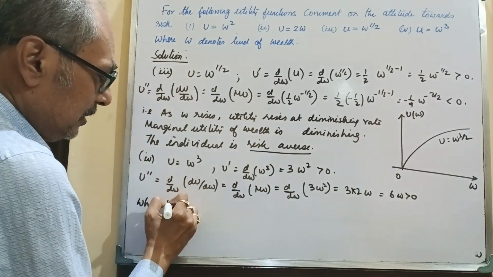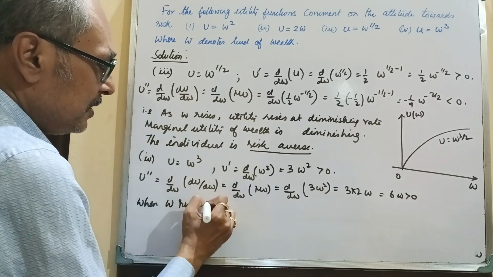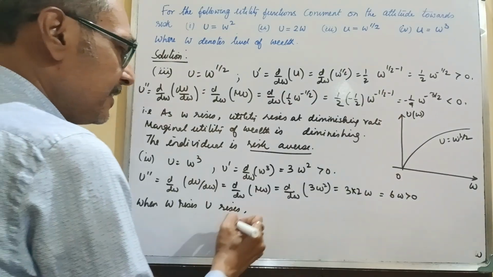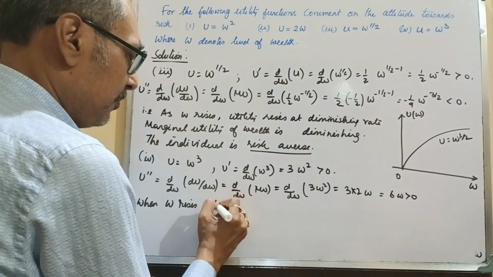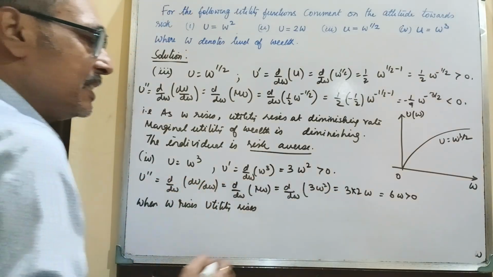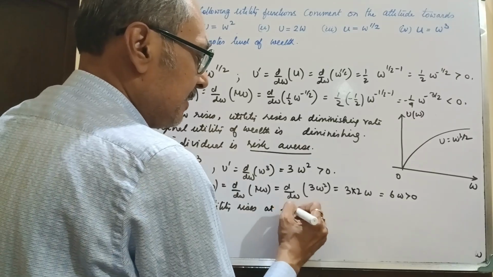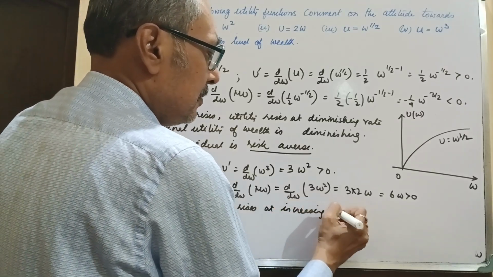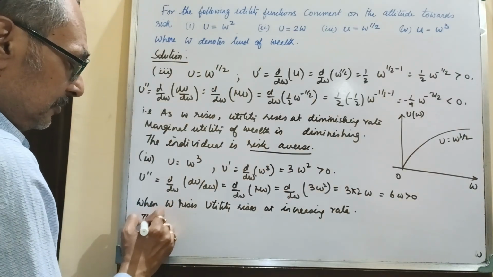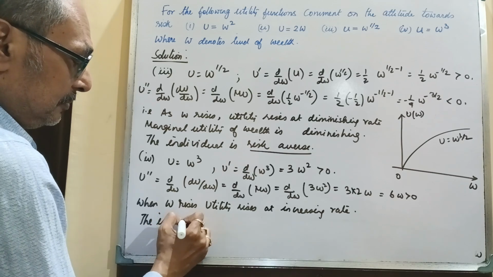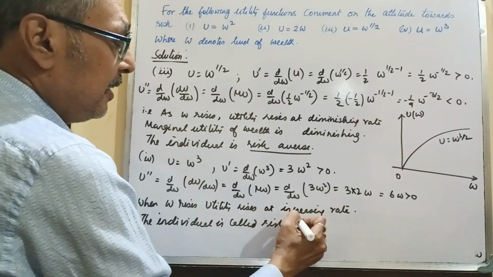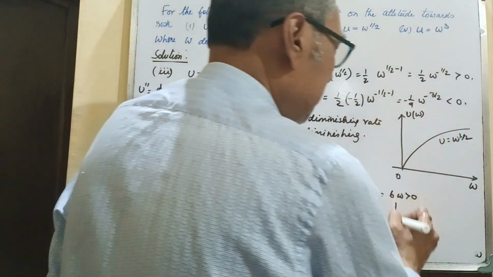When w rises, utility rises, and u double prime is positive, therefore at an increasing rate. The individual is called risk lover.